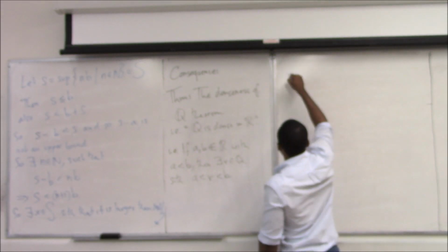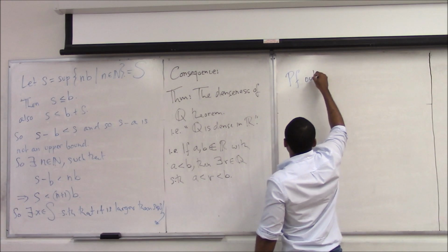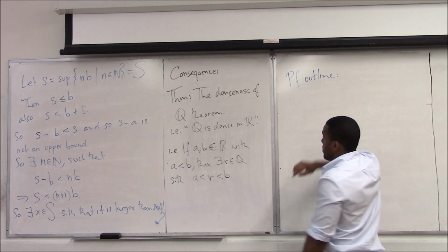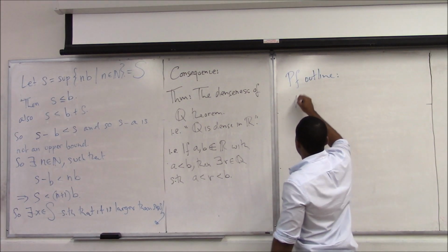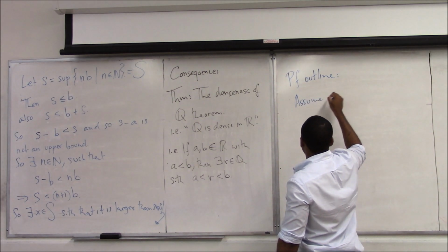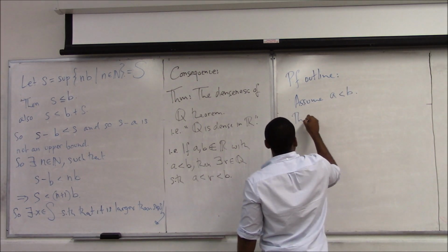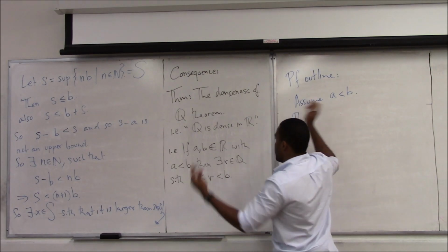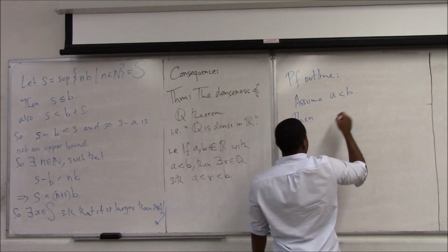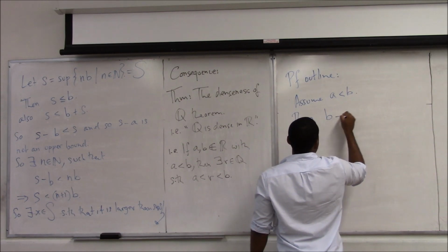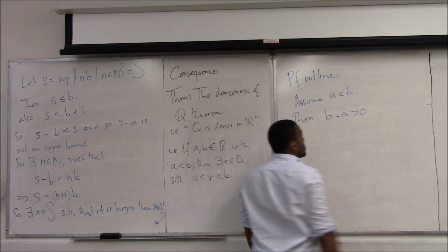And again, I'm kind of rushing, so I won't be too pedantic here. Proof outline. Assume a is less than b. Then, again, we're applying field axioms and all that. I'm not going to say that. So that means that b minus a is positive.